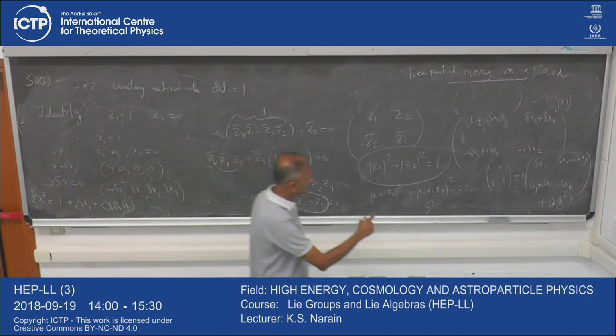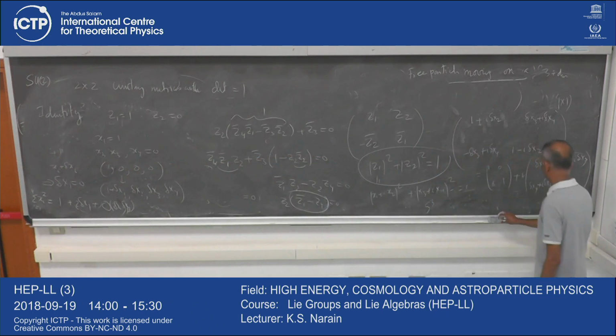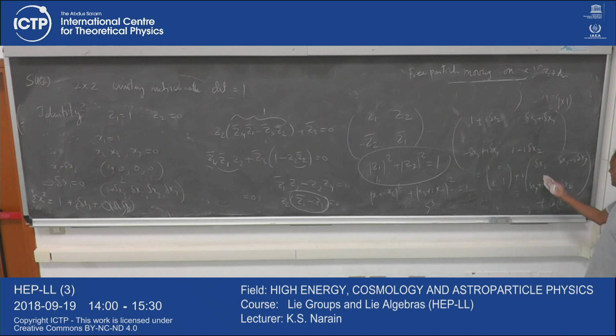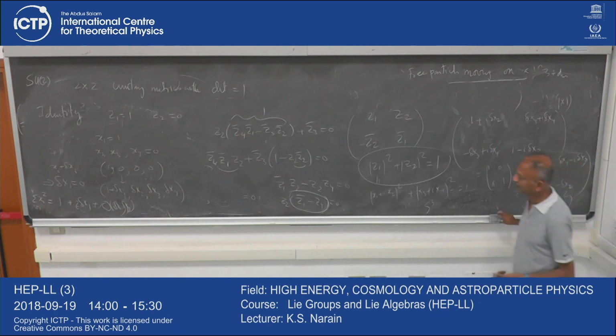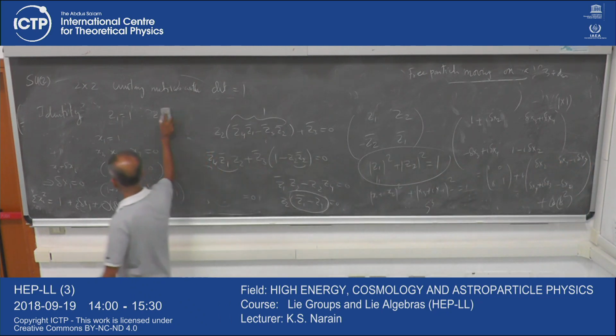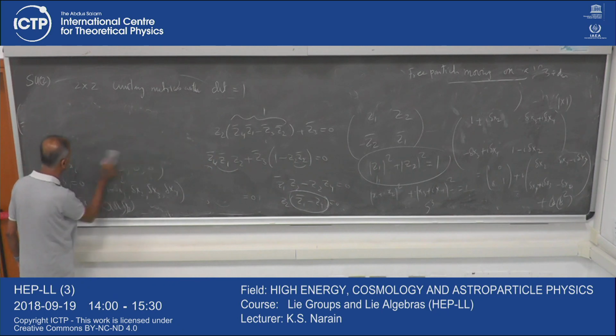Now, let's see this object. It has 3 independent parameters: delta x2, delta x3, delta x4. SU2 is 3-dimensional, so the number of infinitesimal generators is also 3. That's indeed what you will get if I use the definition that we were having.